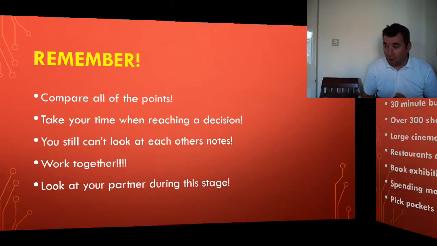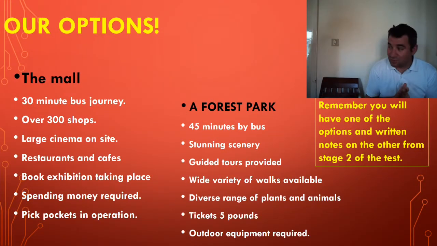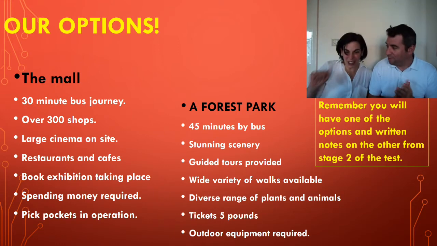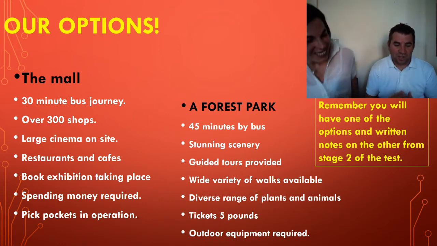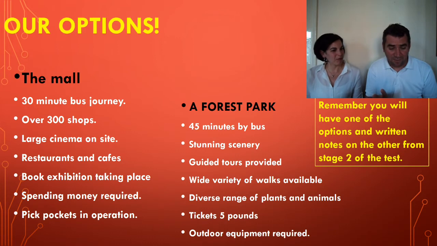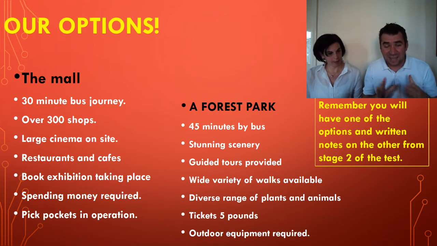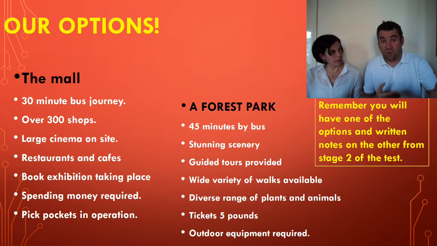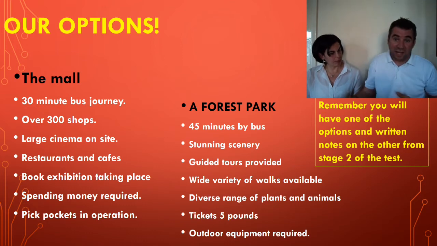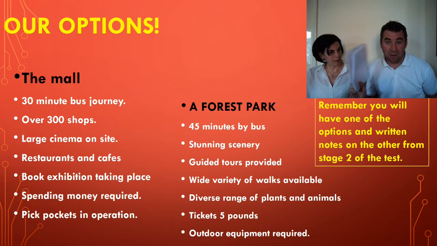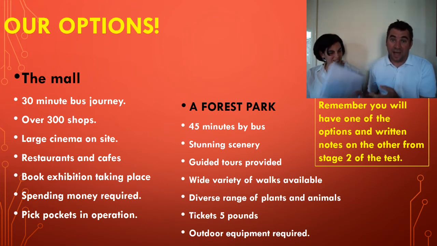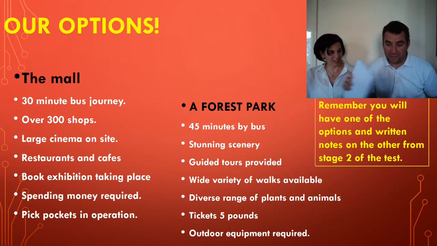Okay, so here are our 2 options. So Sophie will be joining me now. Hello. Hi Sophie. So again, this is a little bit confusing because you can see both the options typed out. Again, in the exam it won't be like this, because for example I'll have the mall and then the forest written down here, whereas Sophie will have the forest and then she'll have the mall like this.